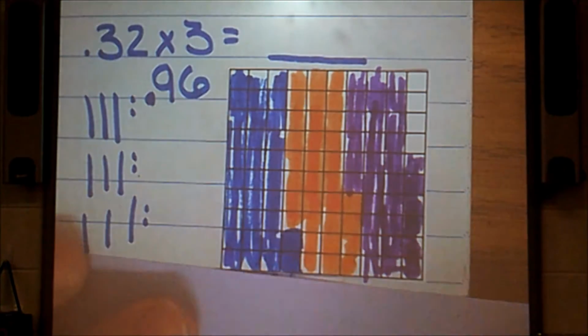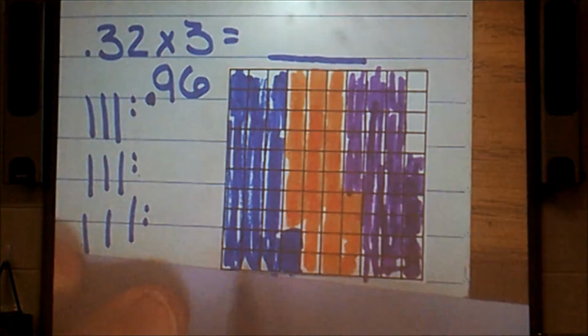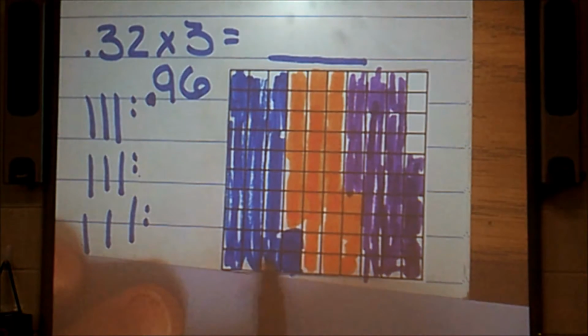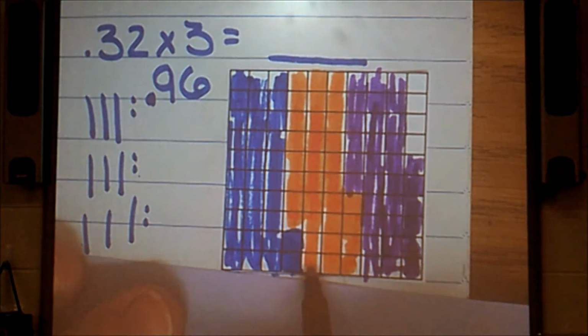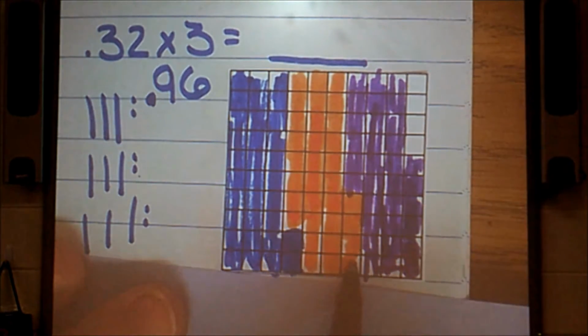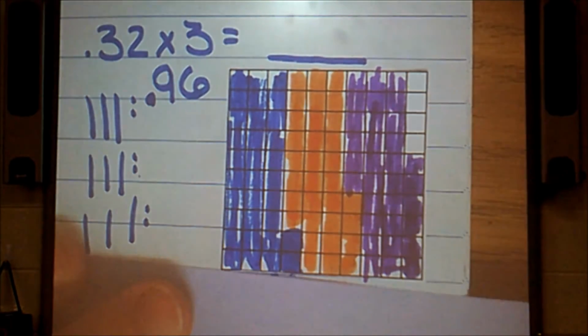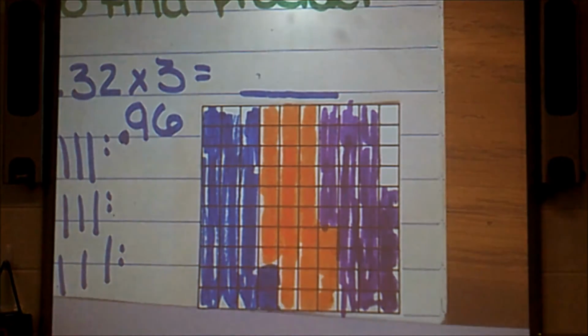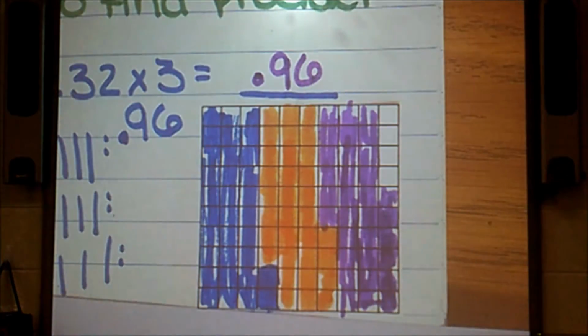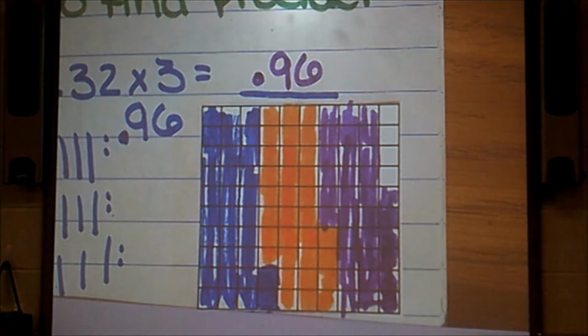I'm going to count each full rod by a tenth. 10, 20, 30, 40, 50, 60, 70, 80, 90, 91, 92, 93, 94, 95, 96 hundredths. Yay!